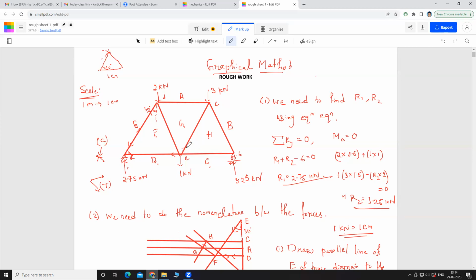Compression. Why? This is the direction, that means from the node it is away from the node. So that will be in tension. Away from the node.